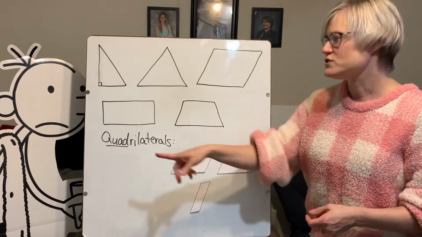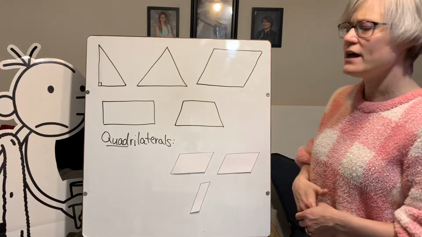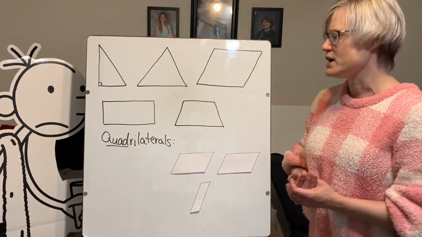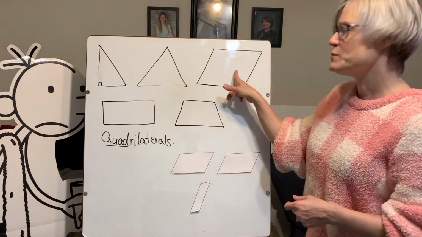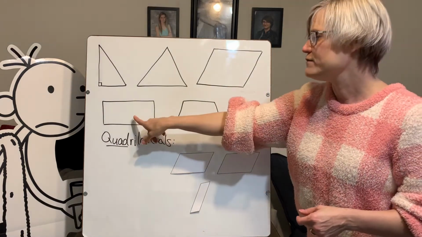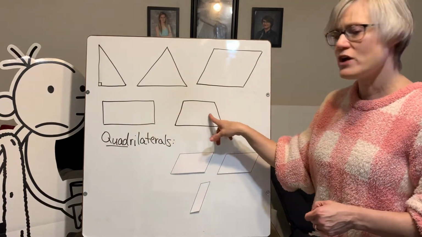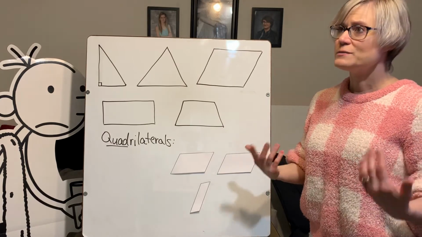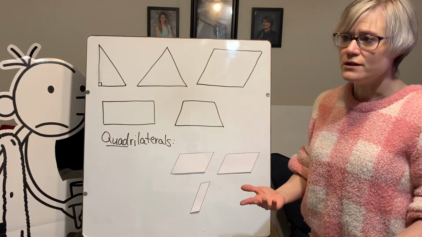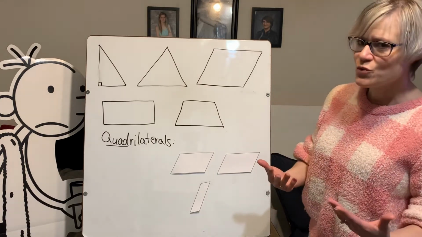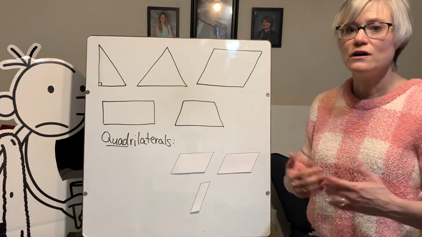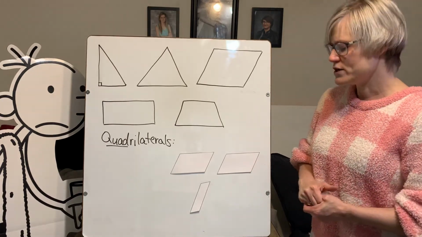So any figure that has four sides. So when we look up here, we have a few figures that have four sides, a few quadrilaterals. We have the parallelogram, we have the rectangle, and we have the trapezoid. There are some other quadrilaterals you should know: square, and also a rhombus. So those are all quadrilaterals.